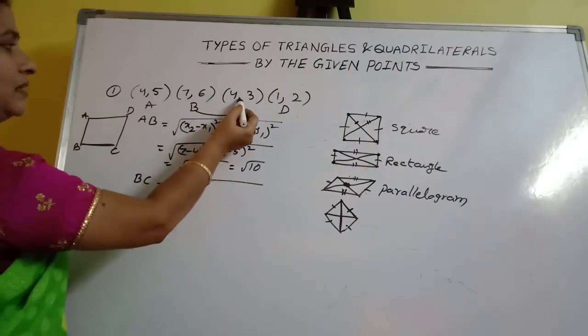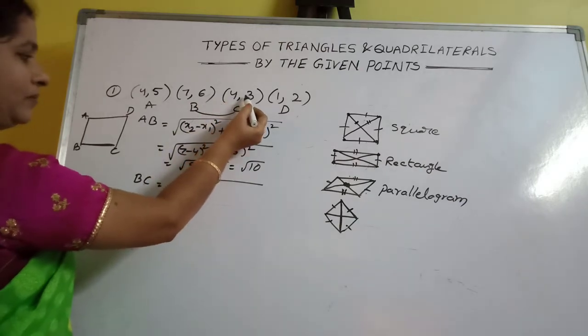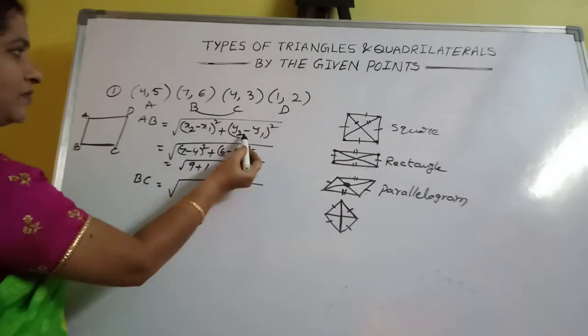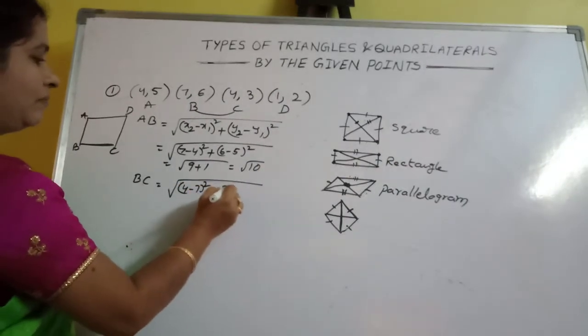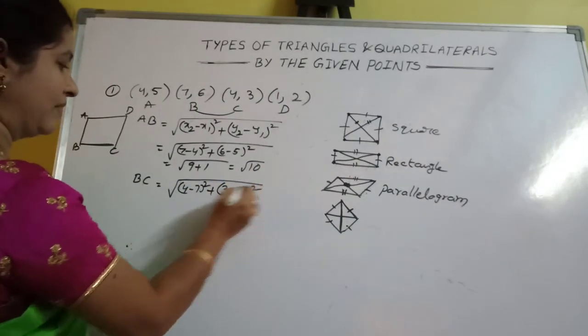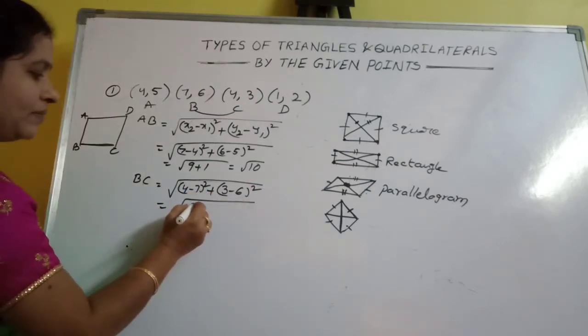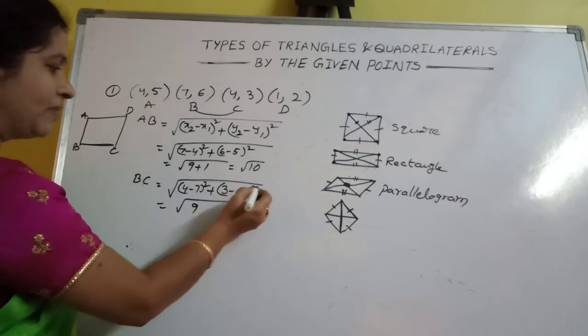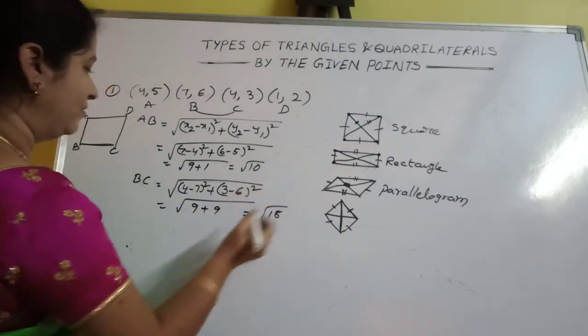These two are B and C. Let it be x1, y1 and x2, y2. Substitute the values in this formula: 4 minus 7 whole square plus 3 minus 6 whole square. 4 minus 7 is minus 3, square means 9. It is also minus 3 square, 9. So it is root 18.